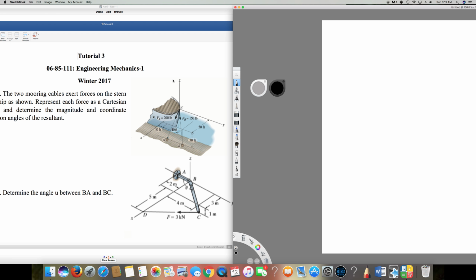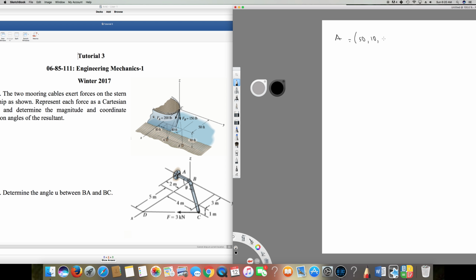Let's calculate the values. If I see something like that, it's better to first find the coordinates. A is going to be equal to: the x distance is 50 feet, as shown here. And A is 10 feet away from y, in the positive direction, so y is 10.